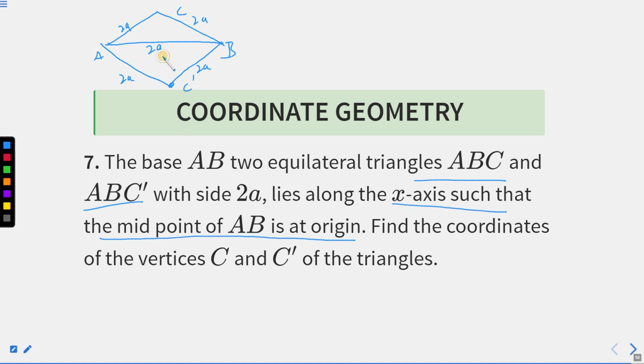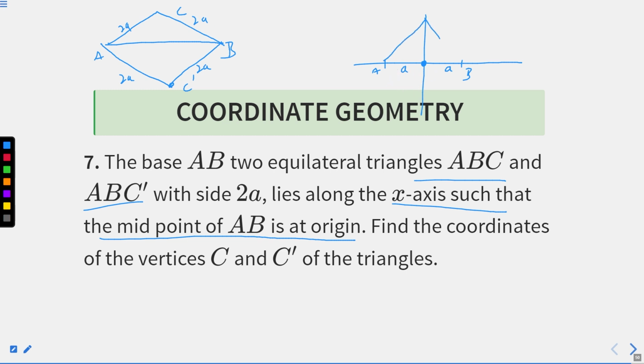So if we draw the Cartesian plane, the origin is the midpoint of AB. A is here, B is here. Here is the midpoint, so the distance on each side is a, and the total is 2a.